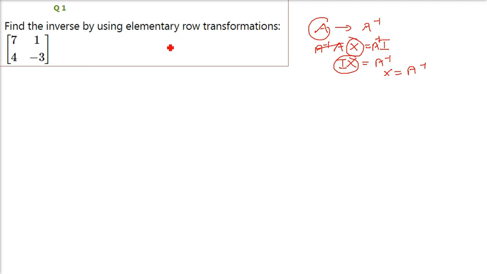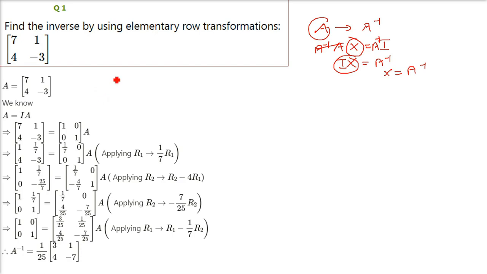So this is the way we compute the inverse. But there are other methods also. For example, we have the elementary row transformation. In this elementary row transformation, what we do is, we have a matrix and we purposefully multiply it with the identity matrix, and we know that multiplying any matrix with the identity matrix is going to give that same matrix back, right? So A will be equal to the identity matrix into the A matrix.